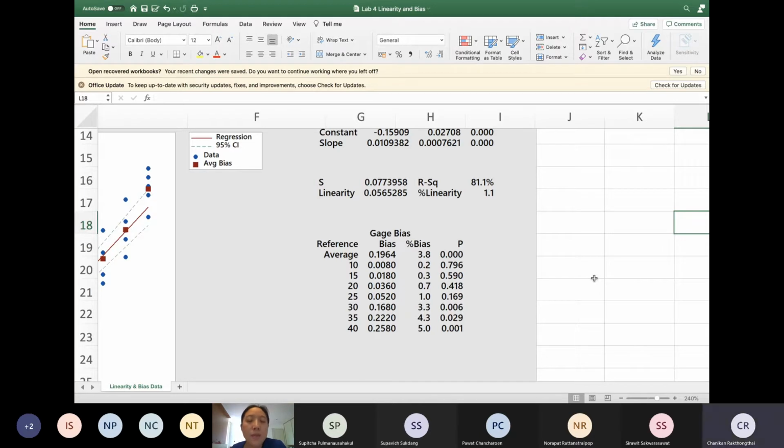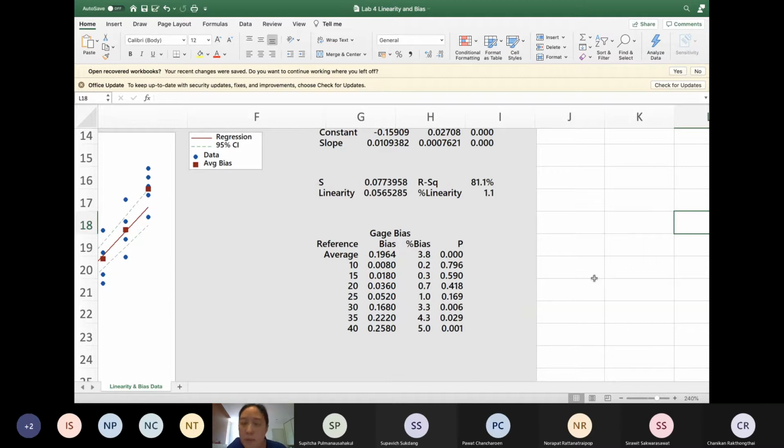Then one person hands in the results in the link that Pima will create for lab number 4, bias and linearity. I think we will be done with the workshop about accuracy.